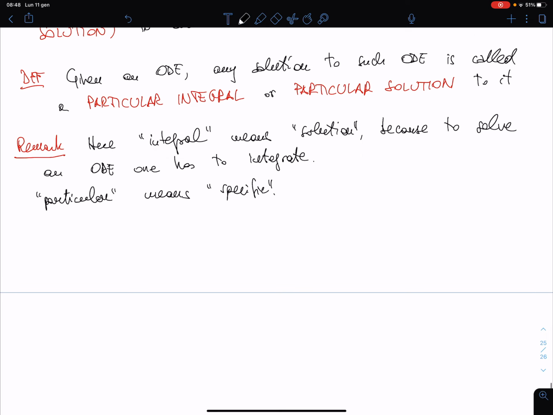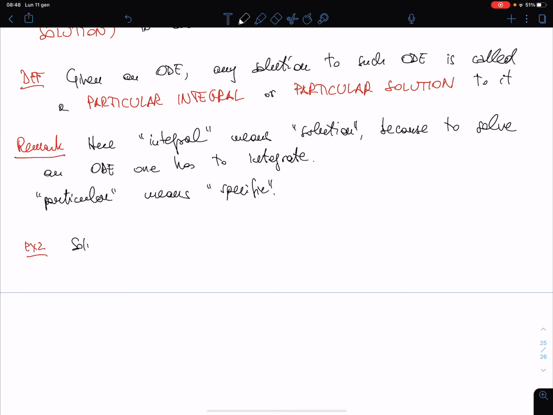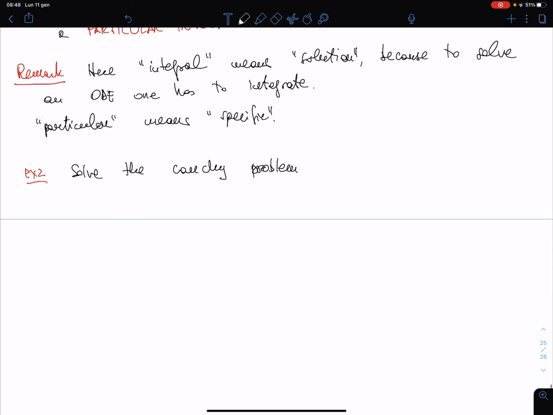And now, let us go to another exercise: solve the Cauchy problem y prime is equal to t times 1 plus y squared, and y of 0 is equal to 0.